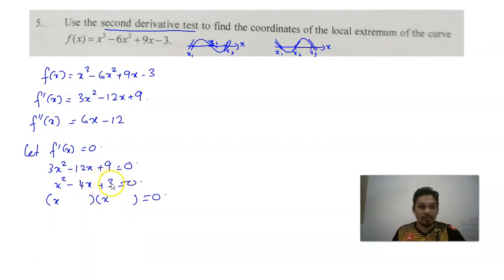Okay, 3, 4, 3, 12, and 3 here. So x minus 1 and x minus 3. X squared, negative 3 with negative 1, negative 4x, negative 1 times negative 3 equal to positive 3.